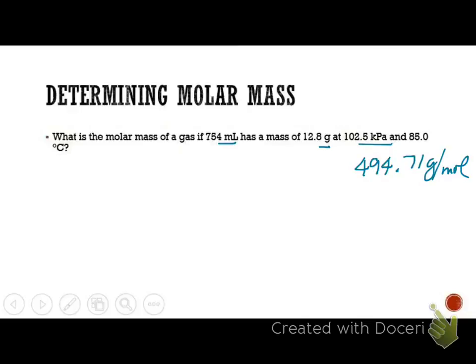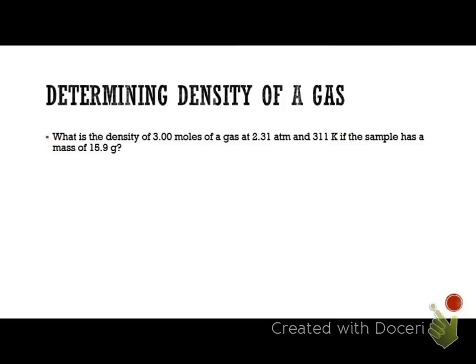The next one, this time we're going to solve for density. If I'm going to find the density, I'm going to need this formula. Density is equal to the molar mass times pressure over RT. But do I have a molar mass here? I do not. They're not giving me outright a molar mass. Do I know what gas I have, to go look up the molar mass?